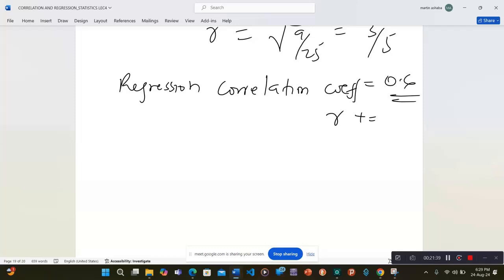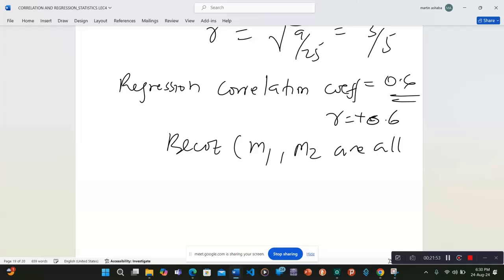R is equal to positive 0.6, positive because m1 and m2 are both positive. If one of them was negative, then this r becomes negative. There is no way you could take the square root of a negative, but both of them could be negative, so that you have a negative times a negative and you have a positive. So if you take the square root, you would have r being positive.